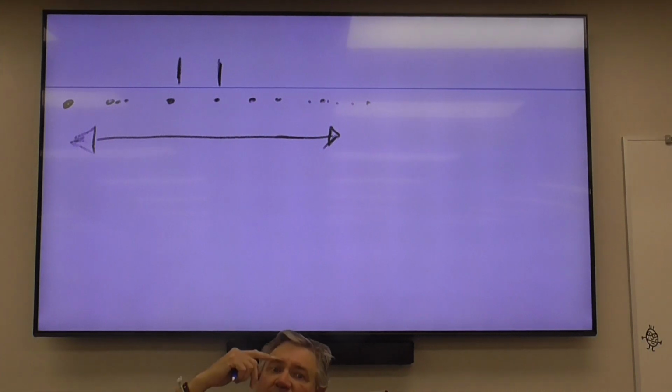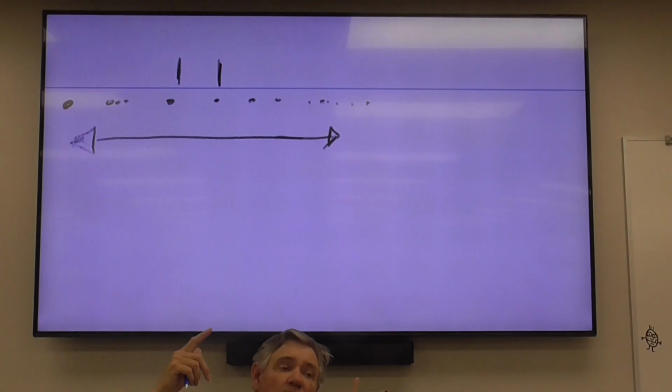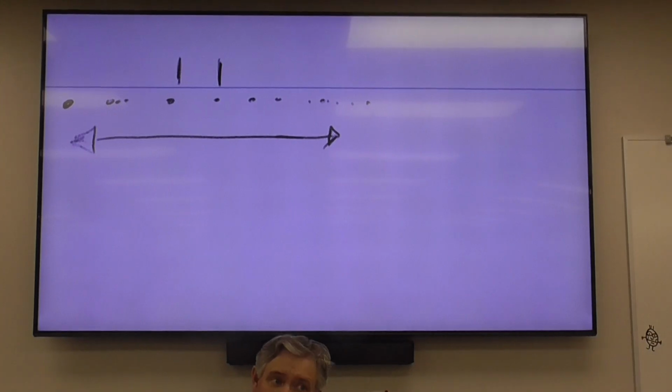Your brain picks that up and says, oh, he's talking about frequency and longitudinal waves. So what you hear as my voice is nothing more than a disturbance in the air pressure in this room that makes your eardrum vibrate.